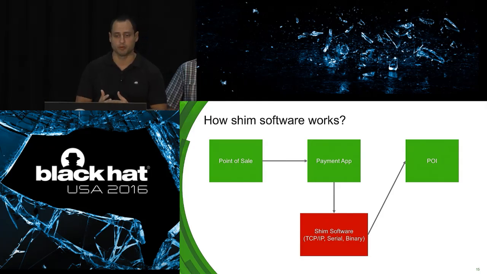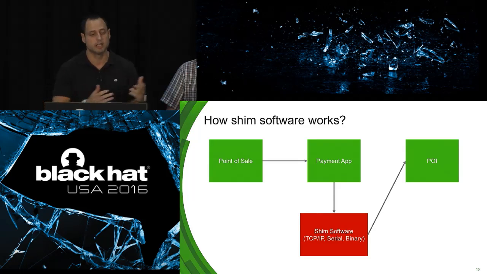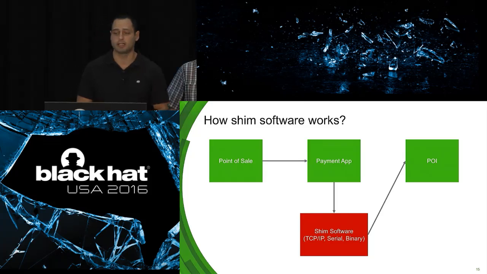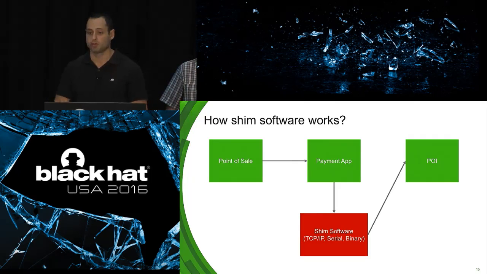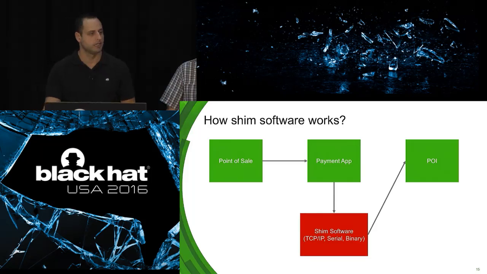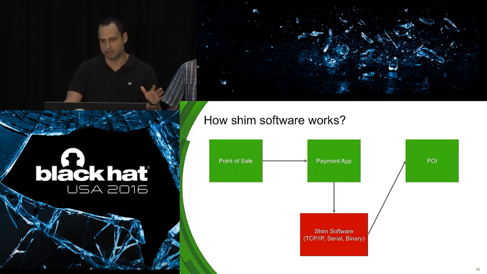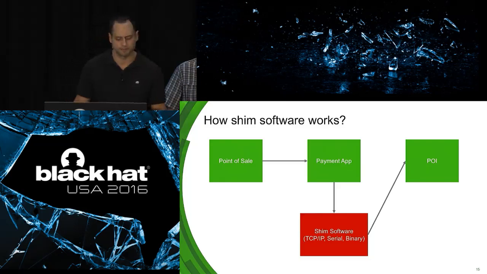It can be done through serial port monitoring. If a software can do that, then a malware can do that as well. Or the best way is replacing the payment application DLLs or any libraries. Because if you replace it with your functionality, there is nothing that will identify this malware, unless you have some kind of integrity check.